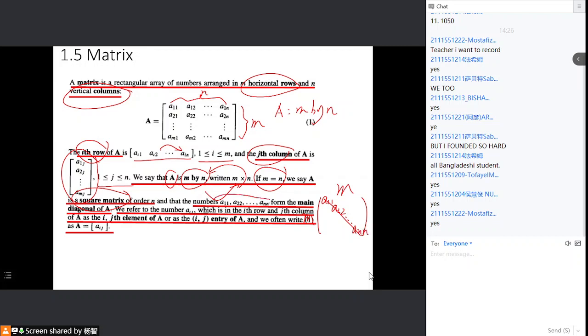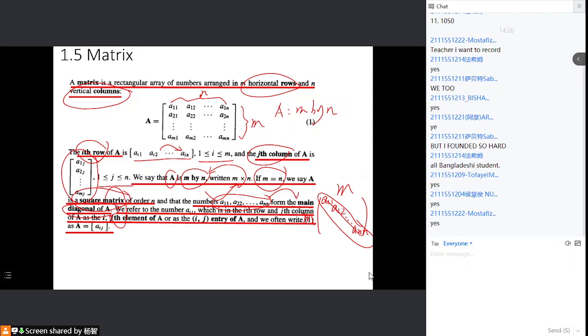And these elements form the main diagonal of A. This is the main diagonal of a square matrix. Only a square matrix has a main diagonal.